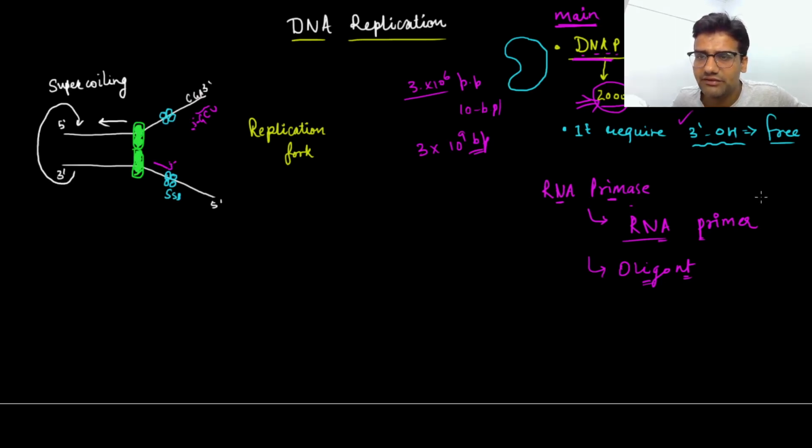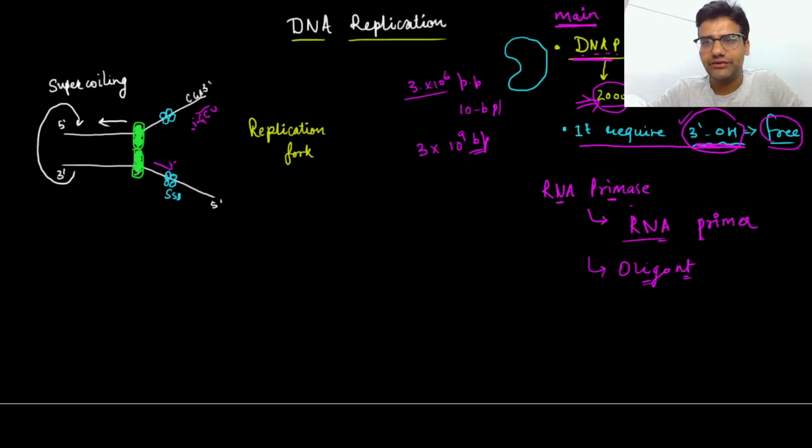But it has a specific requirement: it requires a 3' OH for its polymerization process, and this 3' OH end should be free. So what should we have? A 3' OH, and it should be free. Don't say that we already have a 3' end here.